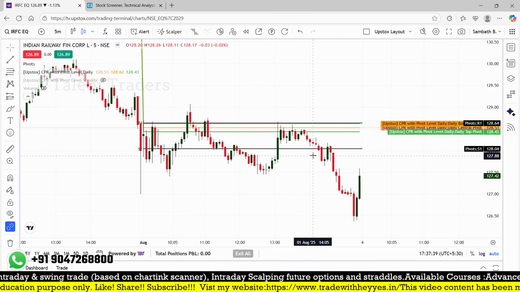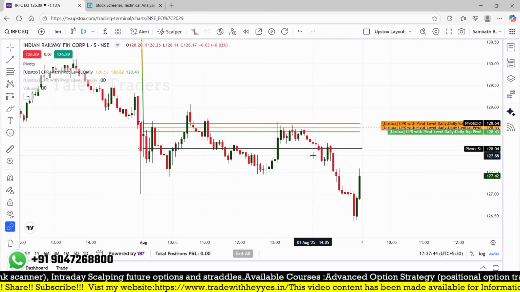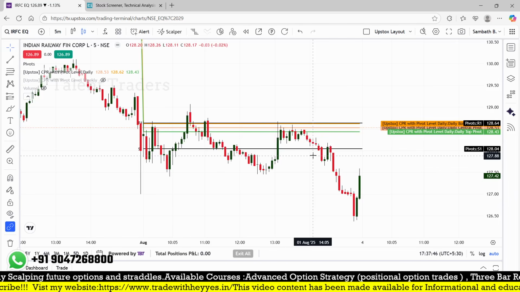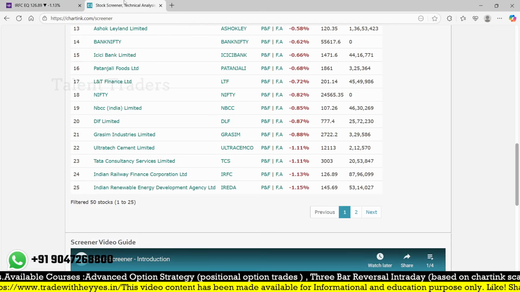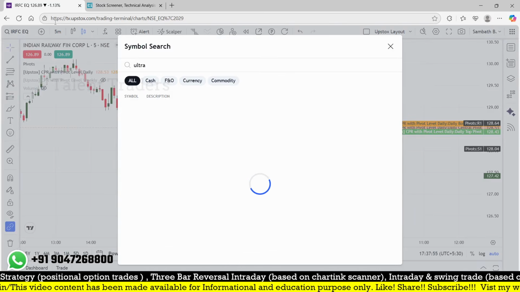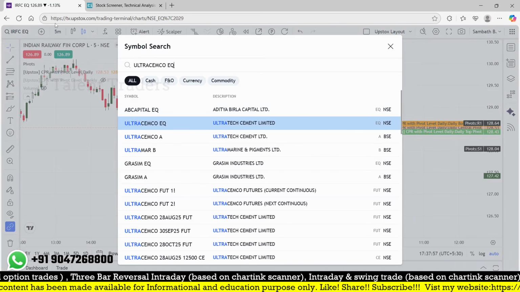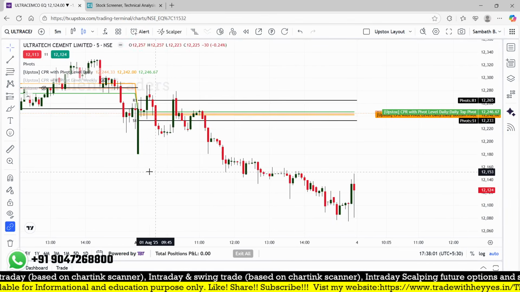The scanner will help you find the stock which is exactly forming such a pattern, where today's level is exactly inside the previous day's. Let me check some other stocks. TCS, Ultratech. So the scanner idea is to find such kind of stocks. Okay, Ultratech initially breaks and again it came down.